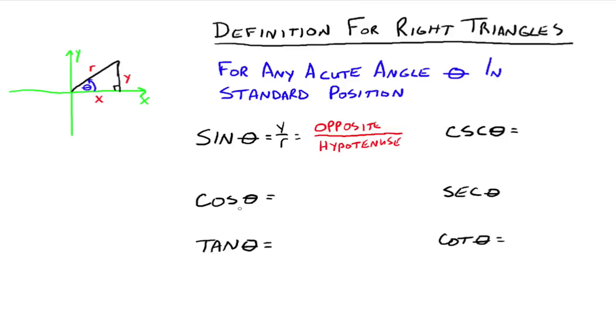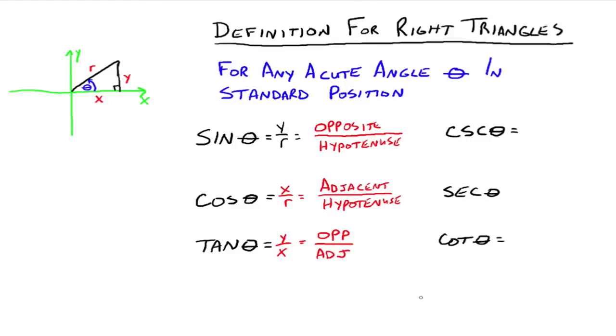Cosine theta, remember that was x over r. So then that would be the length of the adjacent side divided by the hypotenuse. Tangent theta was y over x, and so that is, I'm going to shorthand it now, opposite over adjacent.